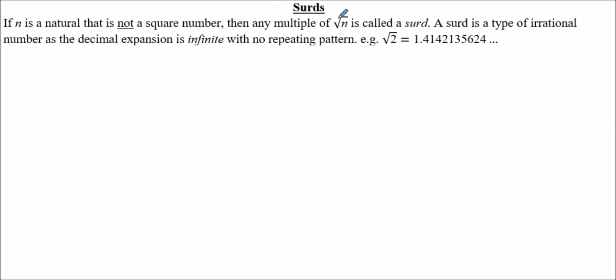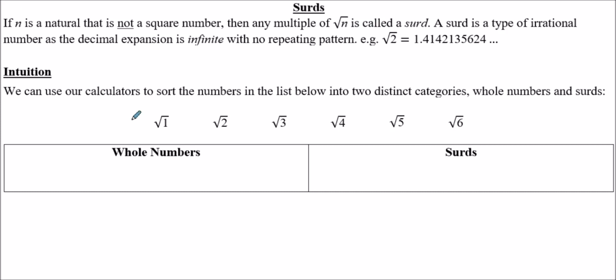If you've got the square root of a number which gives a whole number answer, it's not a surd. If you're square rooting a number that's not a square number, you will always get a surd. So you could use your calculators if you wished to sort these numbers into whole numbers and surds. You'd find that the whole numbers would be root 1, because the square root of 1 is just 1, and also the square root of 4, which is 2.